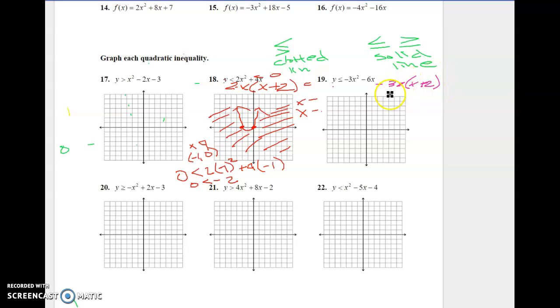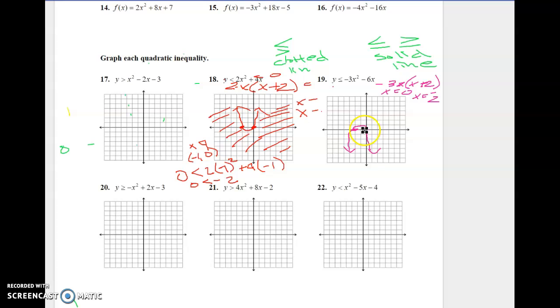So set these equal to 0, we get x equals 0, x equals negative 2. So this one's negative in front, so it's going to open down, and it's going to be solid because it has the bar.